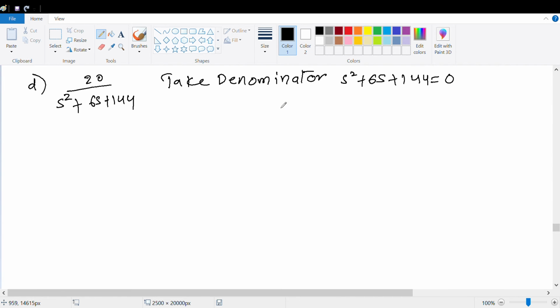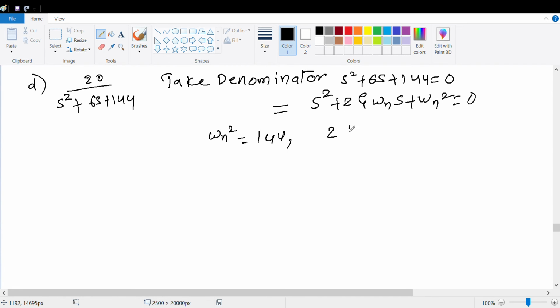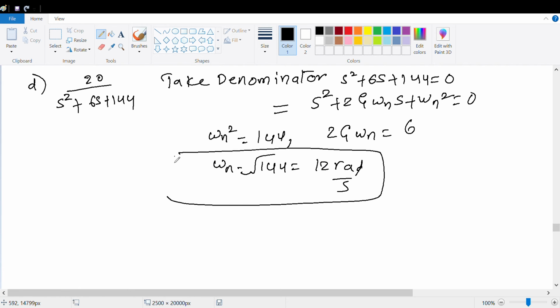Now equate with s^2 + 2ζωn s + ωn^2 equals 0. Therefore ωn^2 equals 144, 2ζωn equals 6. So ωn is square root of 144, which is 12 radians per second. Therefore the natural frequency is 12 radians per second.